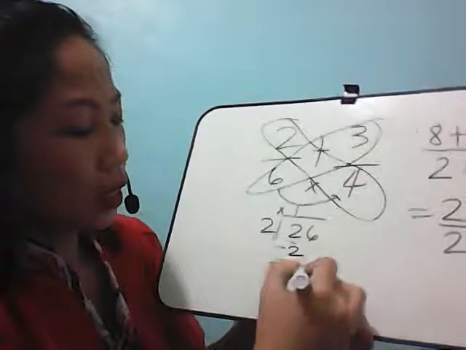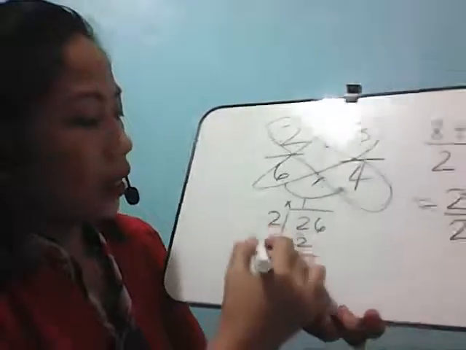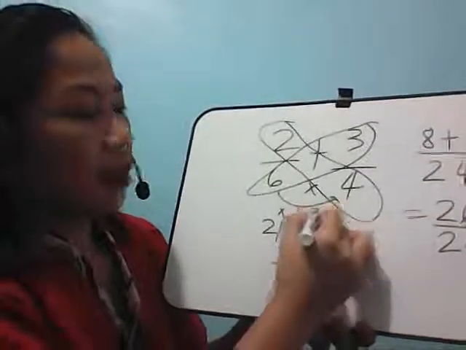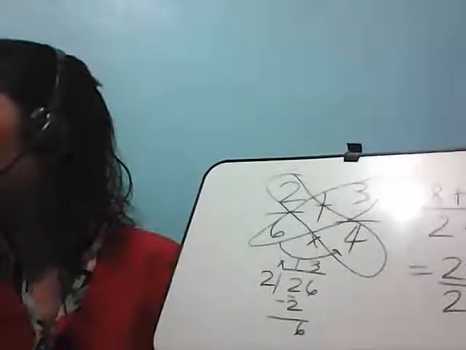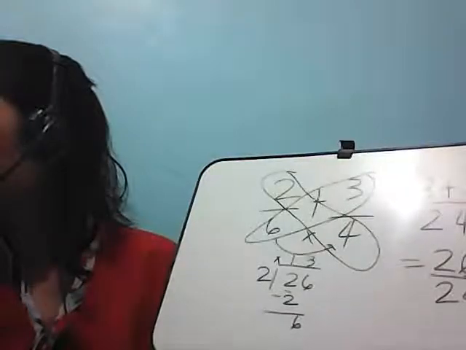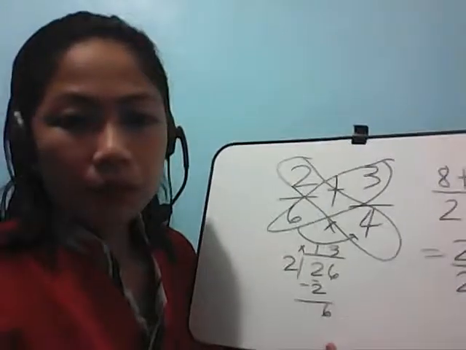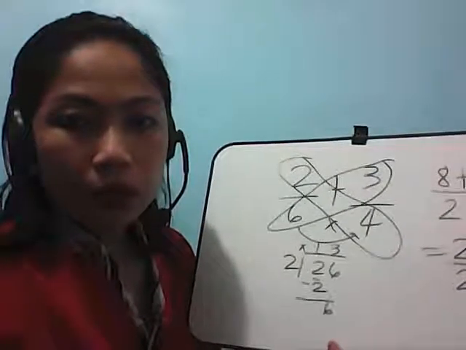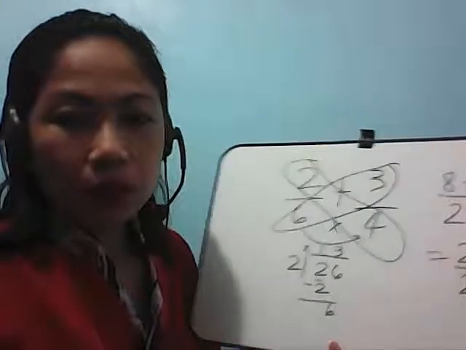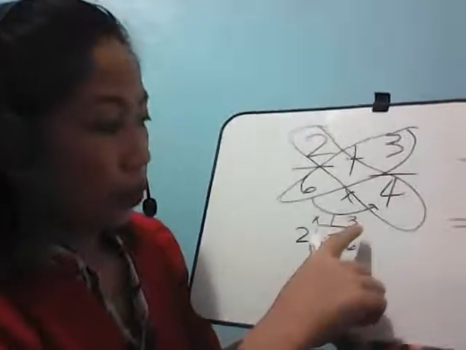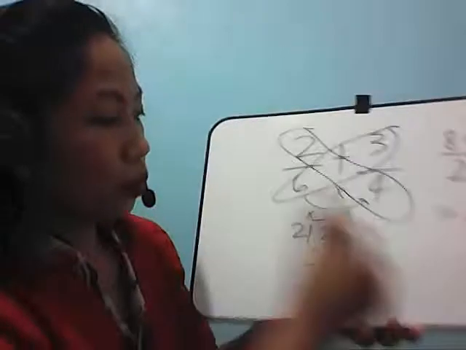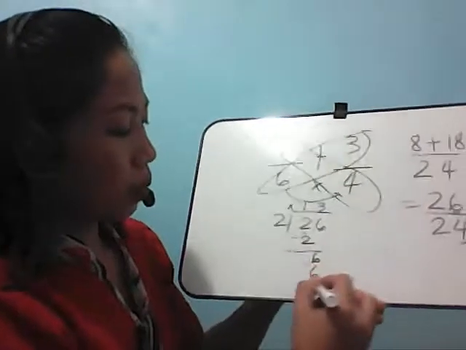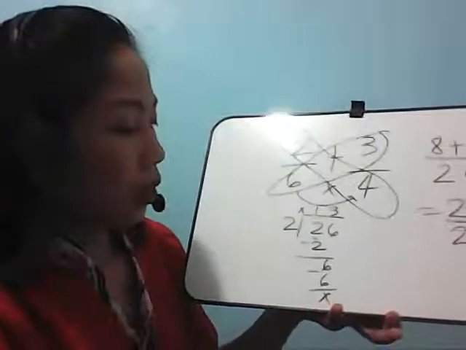Bring down 6. 6 divided by 2 is 3. 3 times 2 is 6. 6 minus 6 is 0.